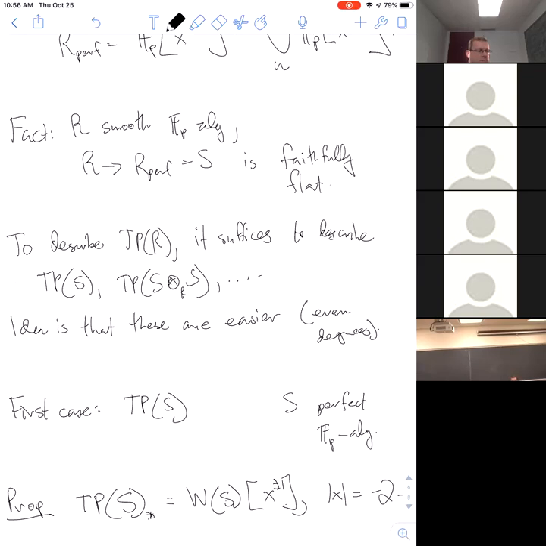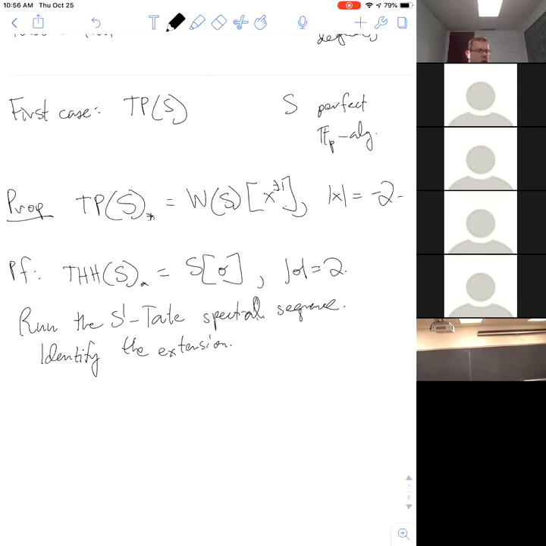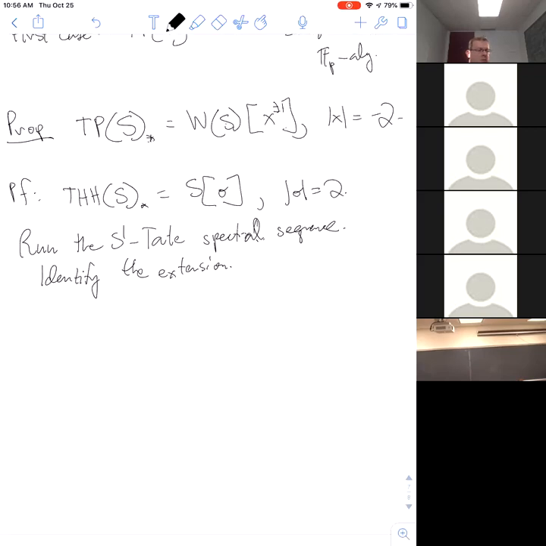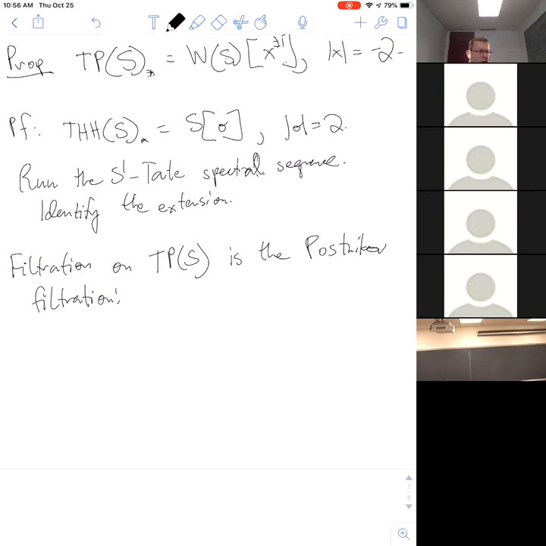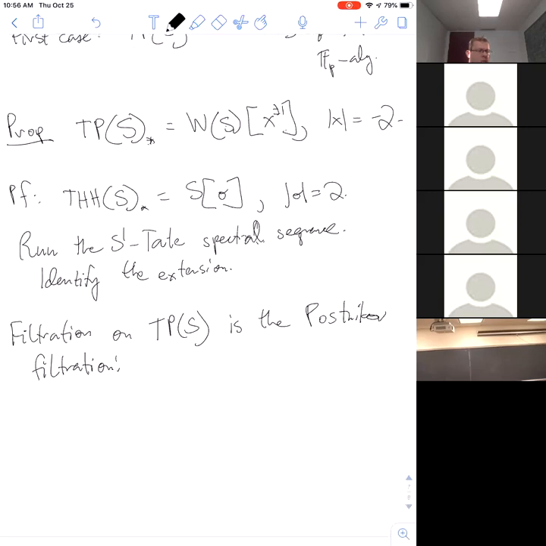And then you totalize, and you get something which is very much not the Postnikov filtration on TP of R. So the analog of the BMS filtration on TP of S is really easy. It's just a Postnikov filtration. And maybe it's worth also saying that the crystalline cohomology of S is the Witt vectors of S.